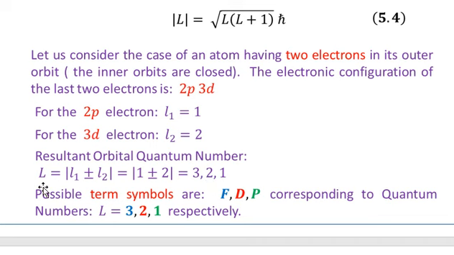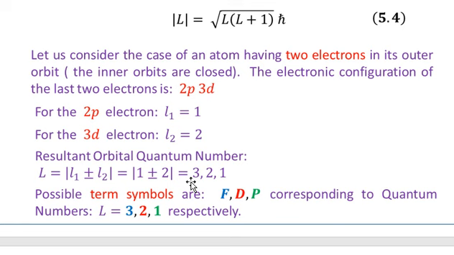So the capital L, which is the total orbital quantum number of the electrons having 2p and 3d electrons, has three allowed values, which are 3, 2, and 1. And the possible term symbols corresponding to these values of L will be capital F, capital D, and capital P. We are using capital symbols for them because this is due to two electrons, and even if it exists for more than two electrons, we shall be using capital symbols as the term symbols.